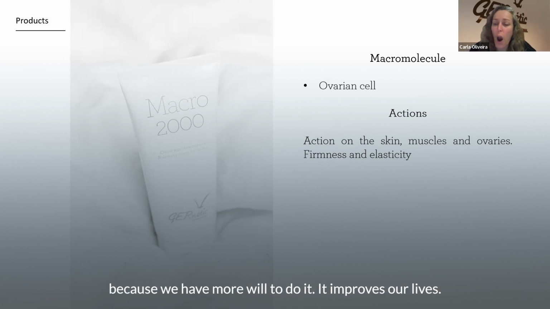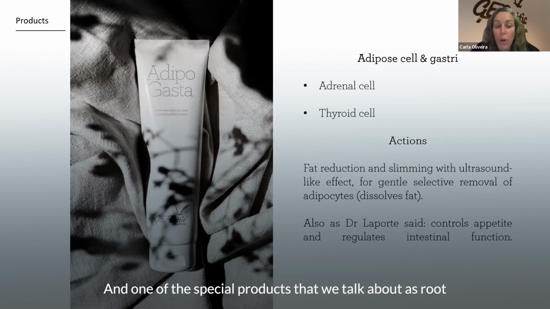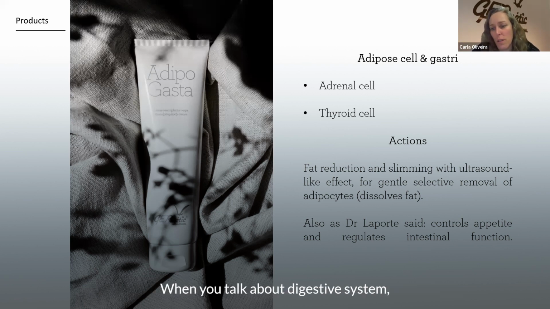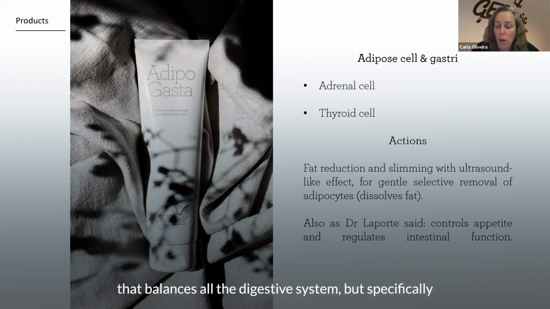It improves our life. And one of the special products that we talk about as root products is Adipo Gasta, because it's a very important product when we talk about the digestive system. It's a product that balances all the digestive system, but specifically we are talking about the intestine.